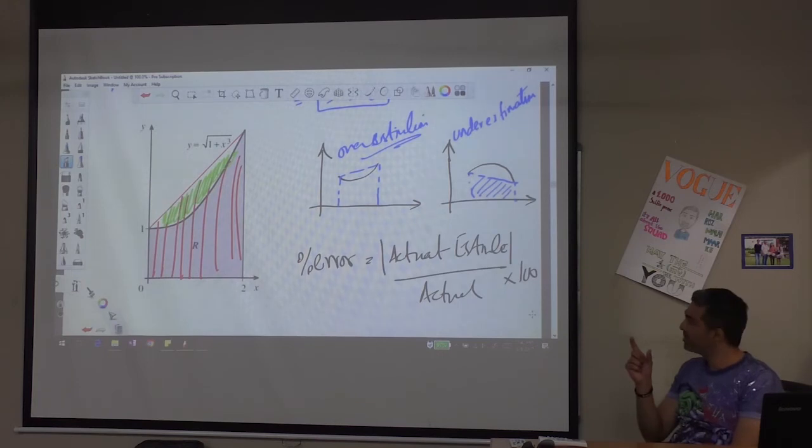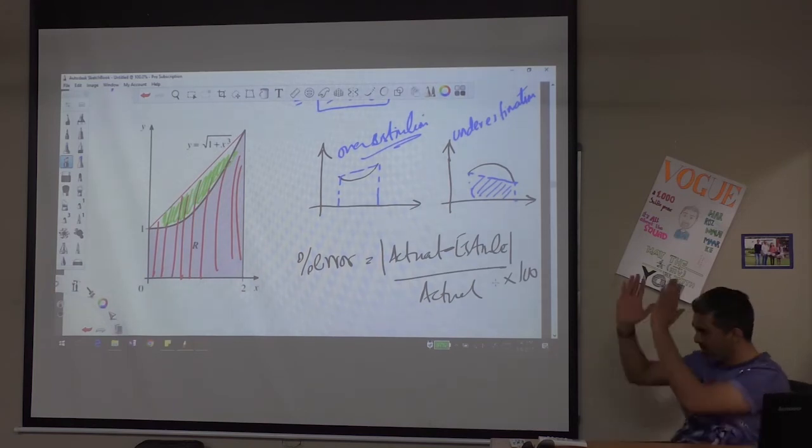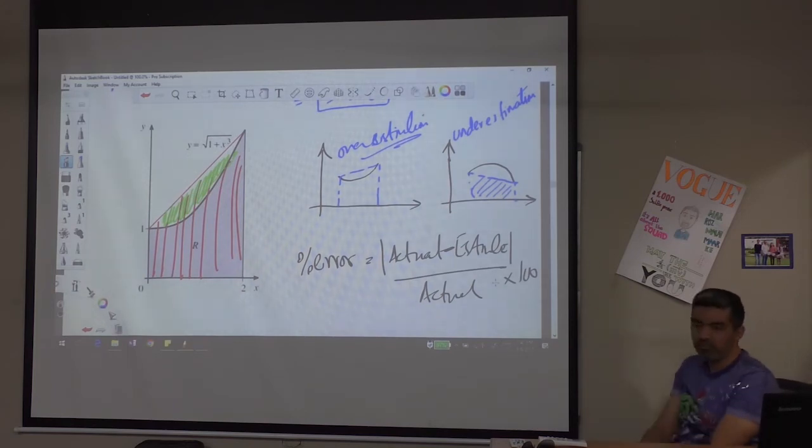Actual minus estimate. Take the mod so that you remove the minus sign if there is any, upon actual, into 100 will give you the percentage error.